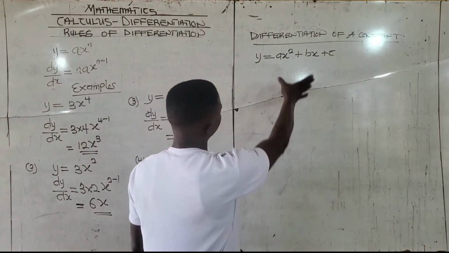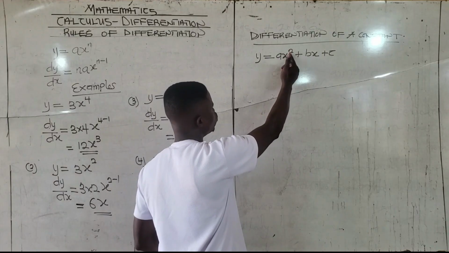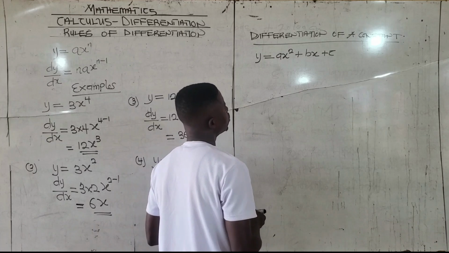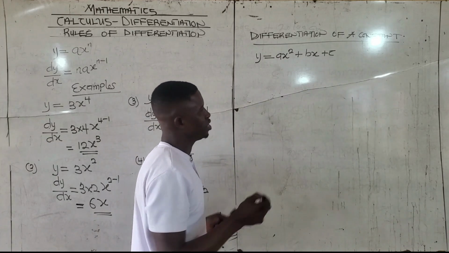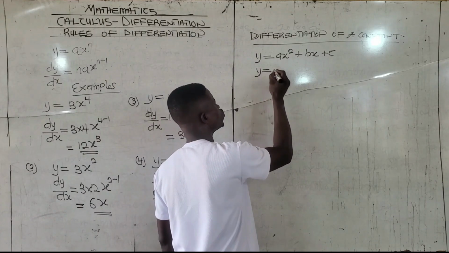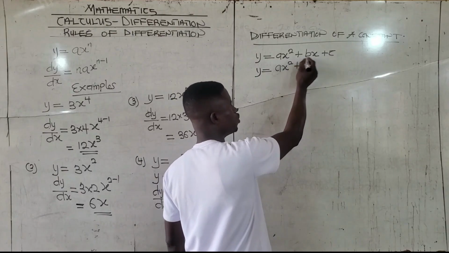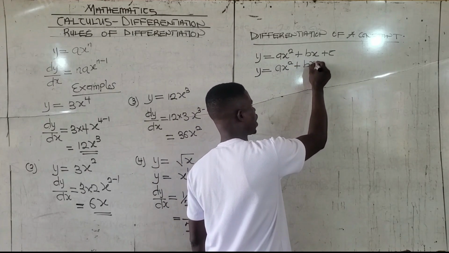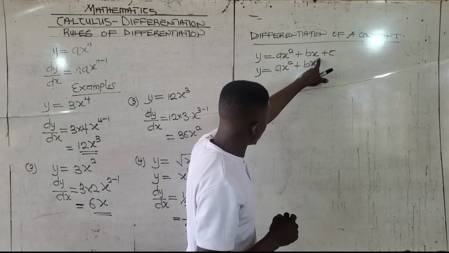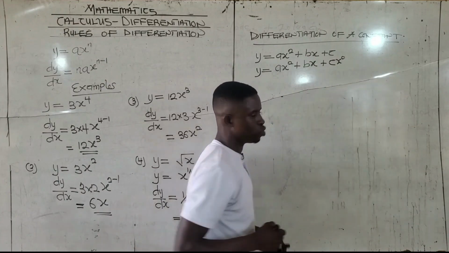Now, if you look at this equation very well, you can see that the a is having an x to the power 2, the b is having an x to the power 1, but the c is without an x. This equation here is actually y equals ax to the power 2 plus bx to the power 1, plus our c is also having an x to the power 0.